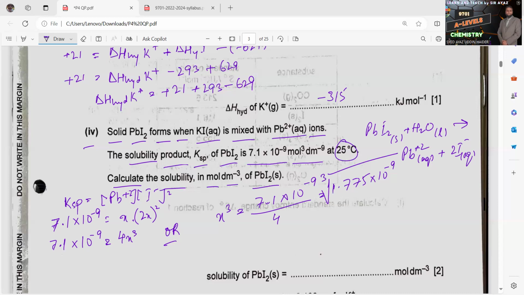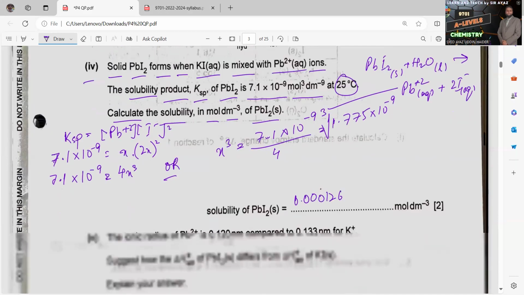Okay, I have the answer with me, I don't want to waste time on this, and the answer is 0.000126 mole per dm cube. This will be the final answer. If you do this using the scientific calculator, you will get this answer.